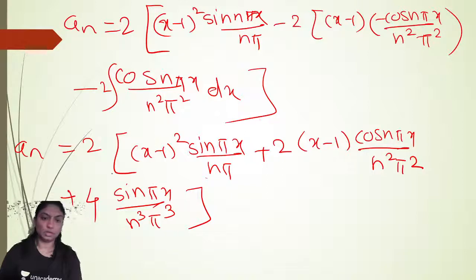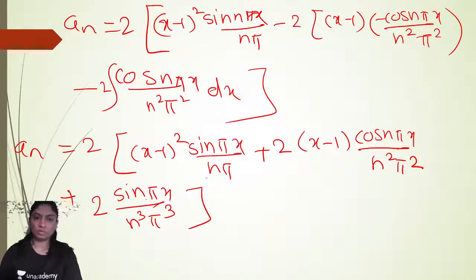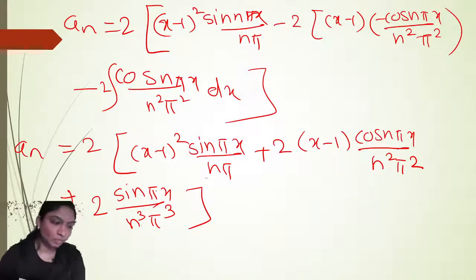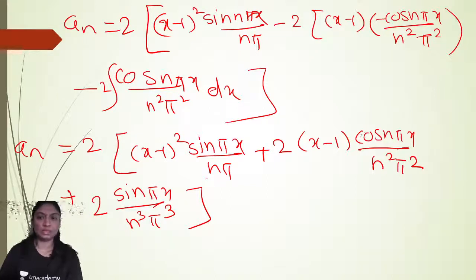So put here, otherwise you don't get 2, only 2. So plus 2 into, this is minus sin n pi x upon n cube pi cube. x minus 1 bracket square sin n pi x upon n pi plus 2 into x minus 1 into minus cos n pi.